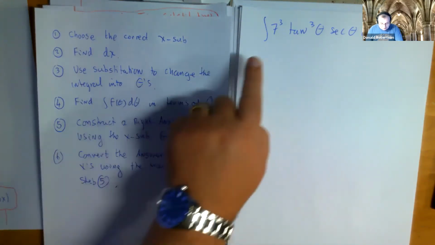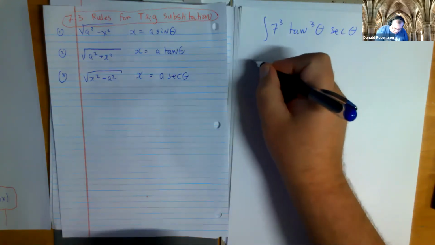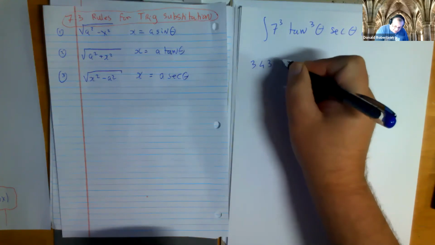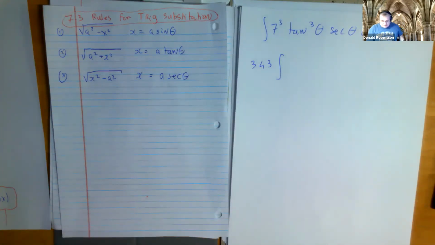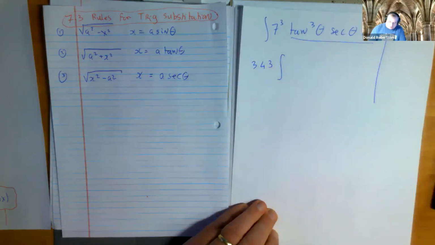But we haven't found what the integral is equal to. And I've been playing about with this 7 cubed for probably too long. So 7 to the power of 3 is 343, and I'm going to just stick it outside. Okay. That means we only need to worry about this guy.